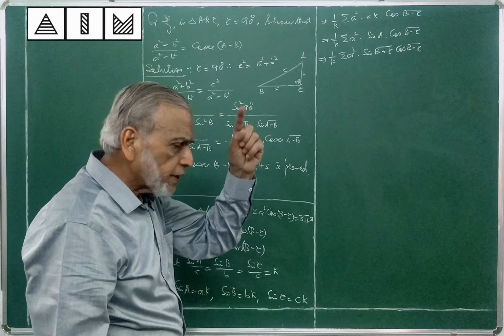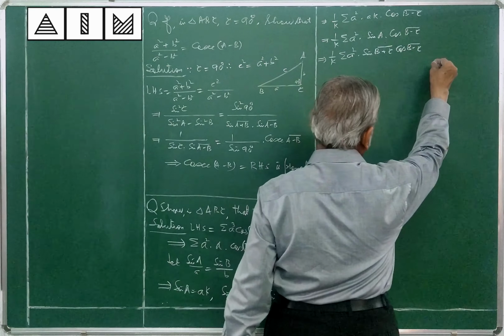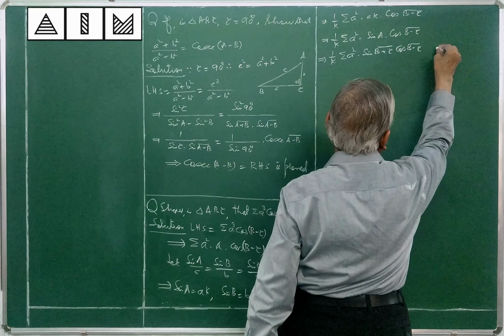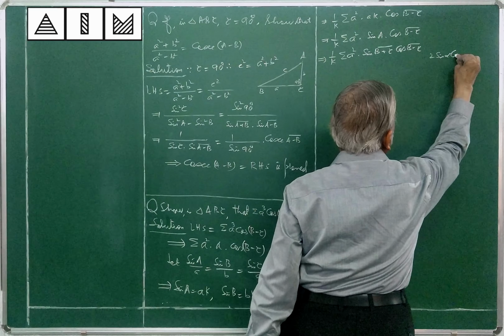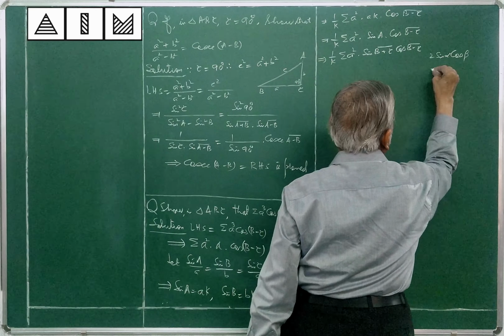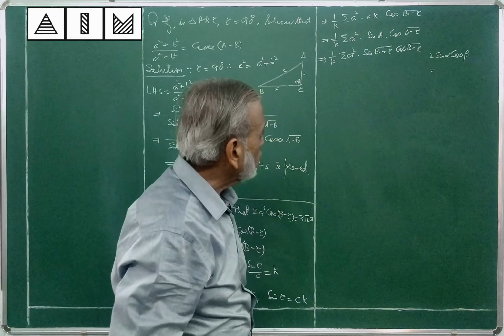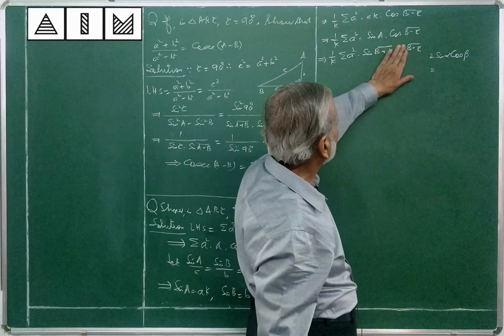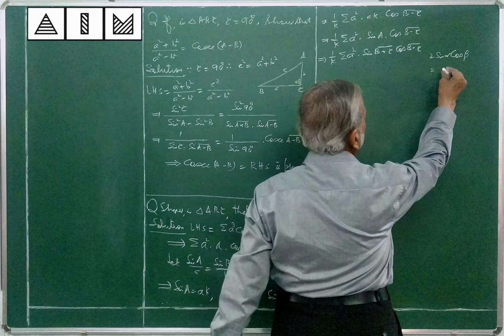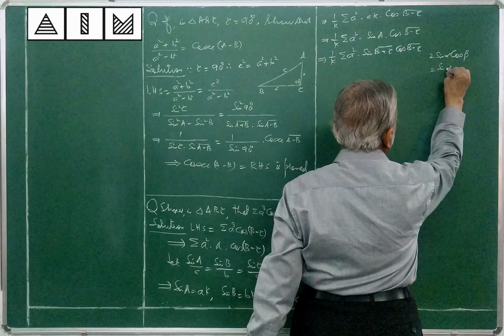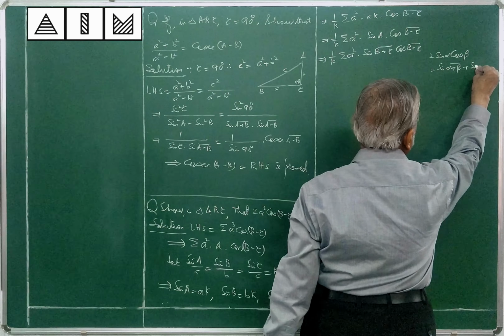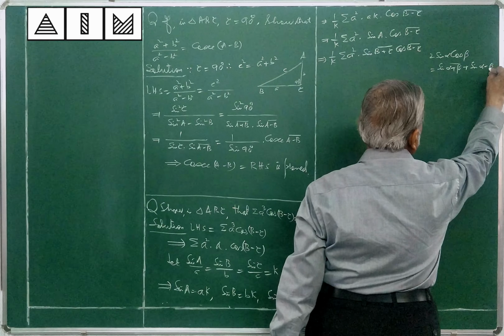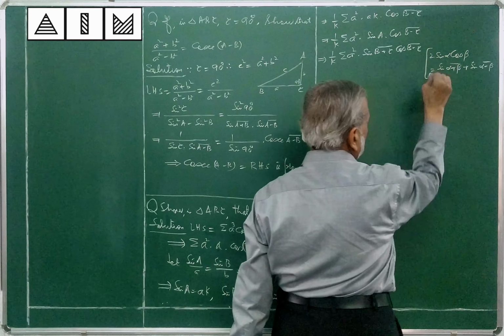Now, there is a formula in transformations which I am quoting here, please see. 2 sin α cos β is equal to sin(α + β) + sin(α − β). This is the formula in transformations.